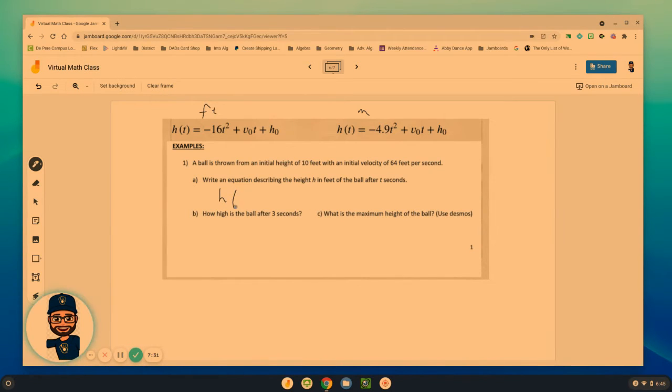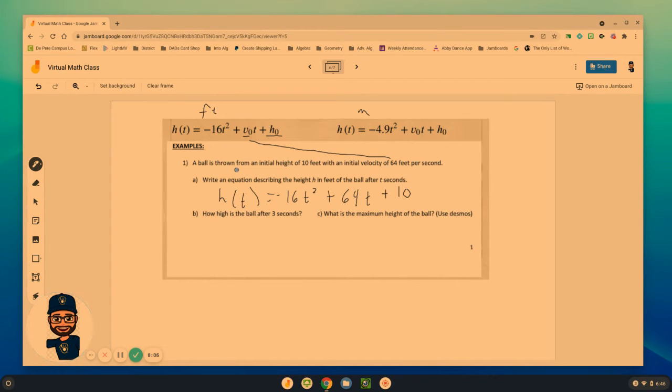So h of t, the height after some certain amount of time, equals negative 16 t squared plus v sub 0, that's my initial velocity, so that's 64t, plus our initial height, our h sub 0, which was 10. So I'm plugging that into the feet problem, just replacing v sub 0 and replacing h sub 0.